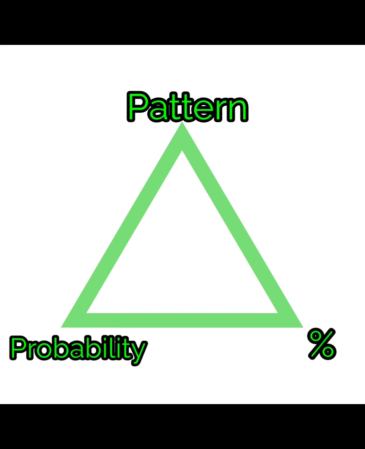Now, probability is what you think is probably going to happen. Probability is what actually happens. So it's a gut instinct versus what actually happens.